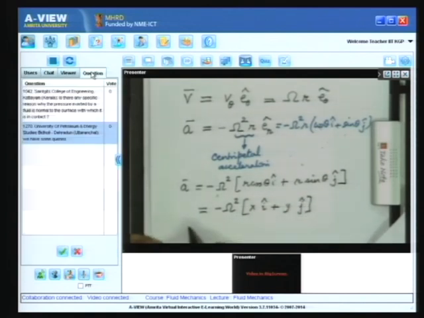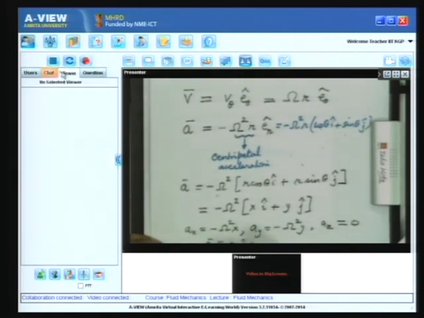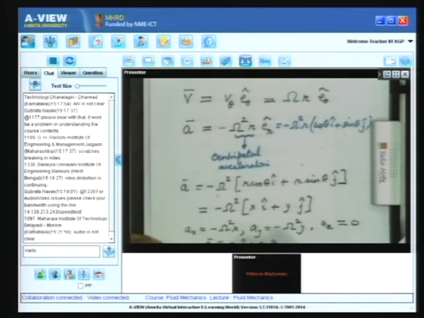That means your A x is minus omega squared x, the x component of the acceleration. A y is minus omega squared y, this is the y component of the acceleration, and A z is 0. So, the acceleration vector I can write as A x i plus A y j plus A z k, where A x, A y, A z are what I have already written over here.